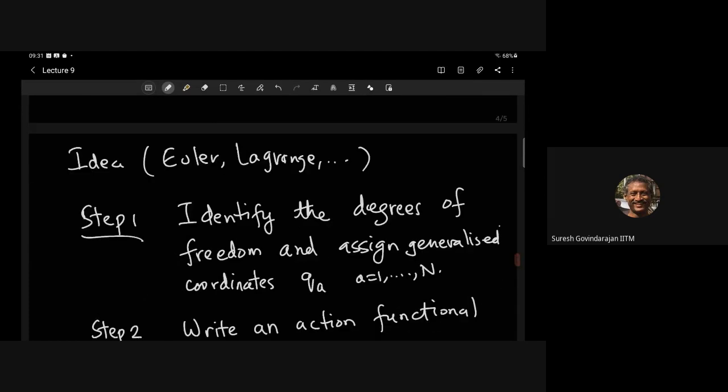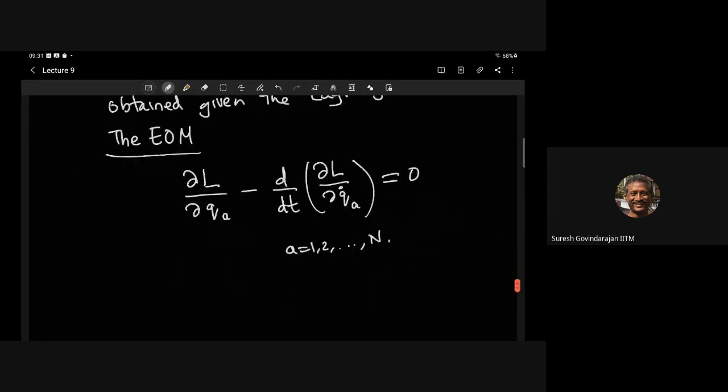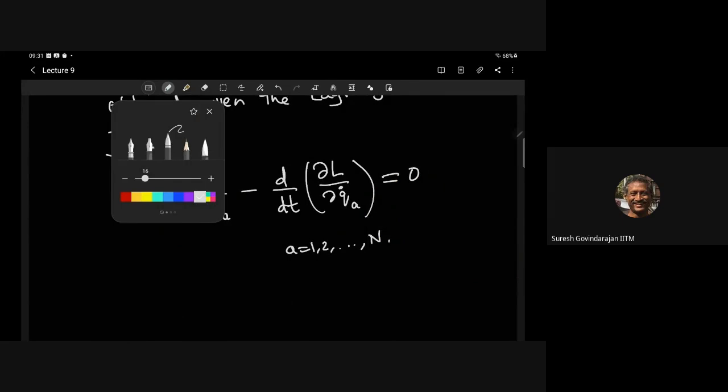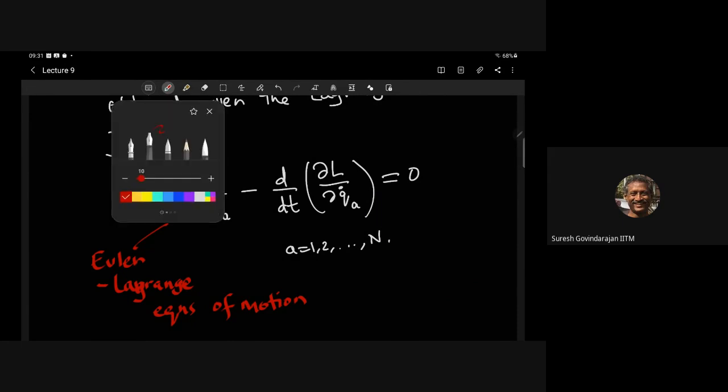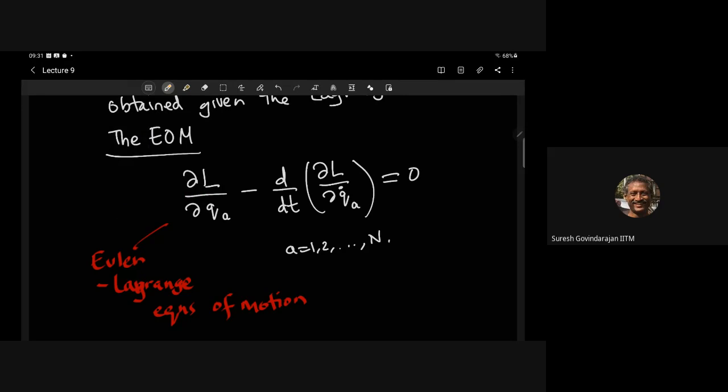So these equations, at least paying homage to them, are called the Euler-Lagrange equations of motion. This is how we pay tribute to these guys, who realized that they have a setting which is much more general than Newton's equations.